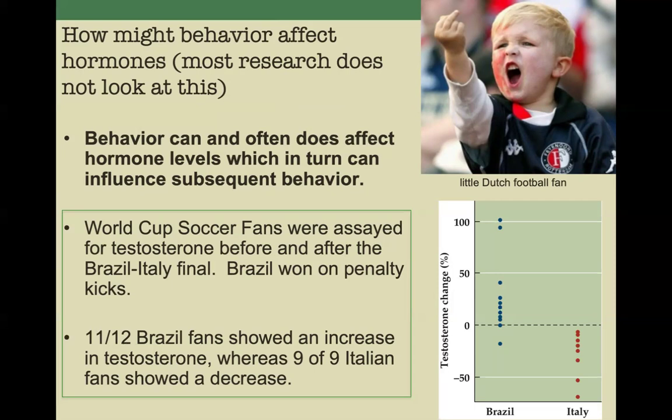And what the researchers found was that the Brazilian fans showed an increase in testosterone when they won on these penalty kicks, whereas the Italian fans all showed a decrease in testosterone. Again, showing how behavior can impact hormones.